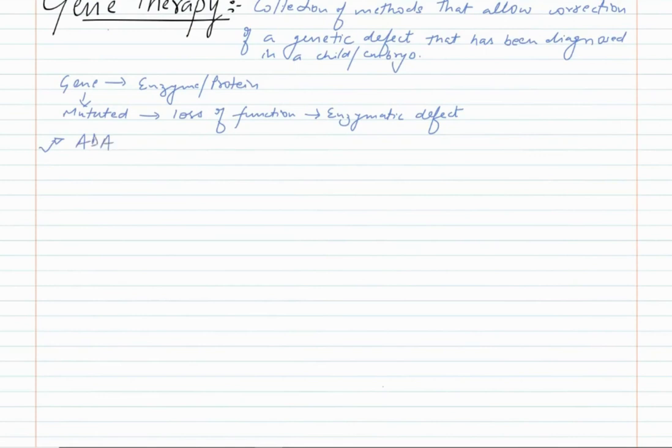So we are going to study gene therapy with the help of an example of ADA deficiency. ADA stands for adenosine deaminase.